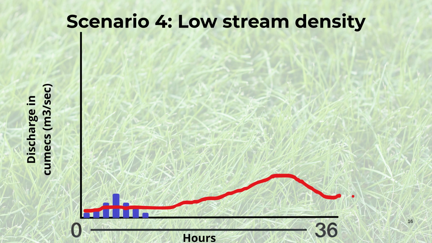And our final scenario today is low stream density. That means this is probably an area of quite permeable rock and porous soils which are draining the ground quite easily. So we haven't got many tributaries and other smaller rivers running along the surface of our drainage basin.